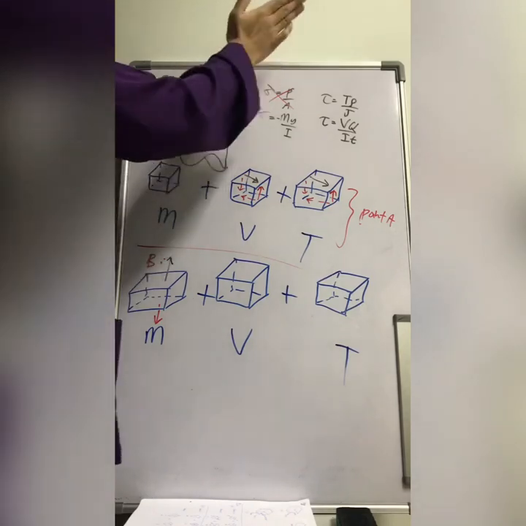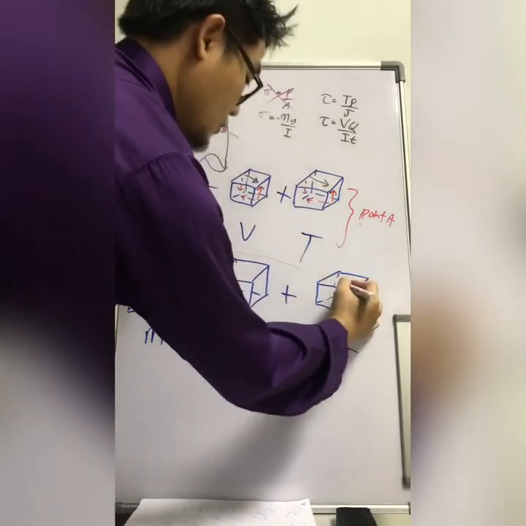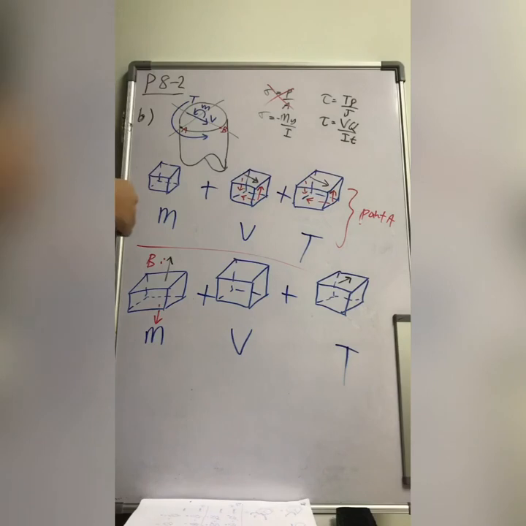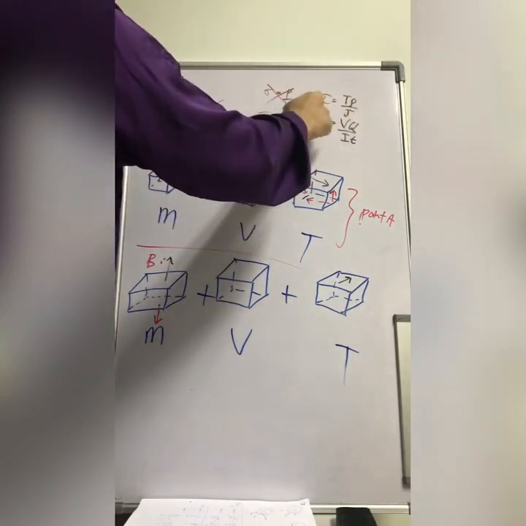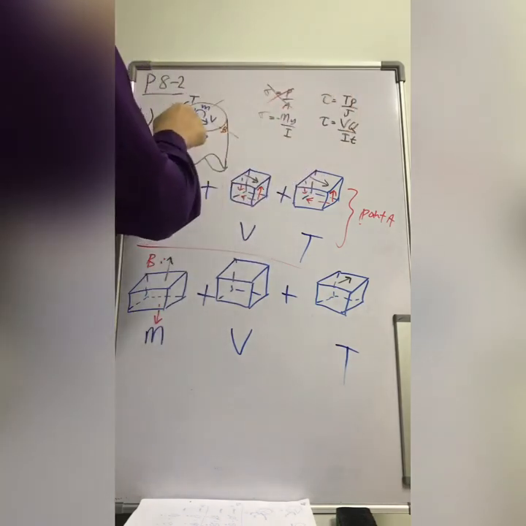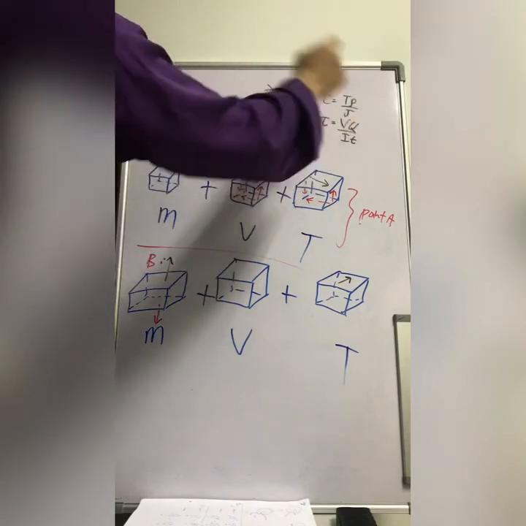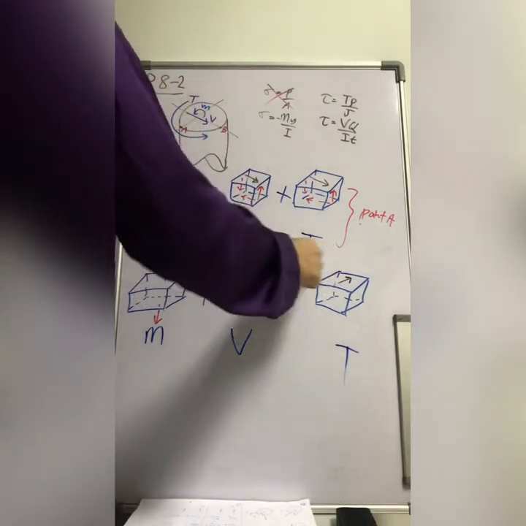For B, it goes that way. And please remember, rho for shear stress due to T is 0 at the center, but it is increasing up to the circumference, which is rho equals C at the circumference. So for B, you have this.